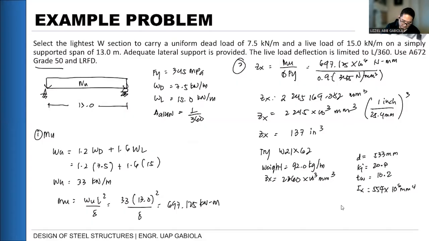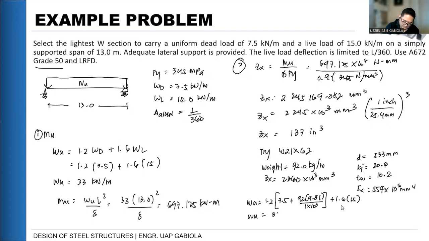So, yung WU natin will be equal sa 1.2 times yung 7.5 na superimposed dead load plus yung 92 kilograms times 9.81 all over 1,000 natin para maging kilonewton per meter plus 1.6 times 15.